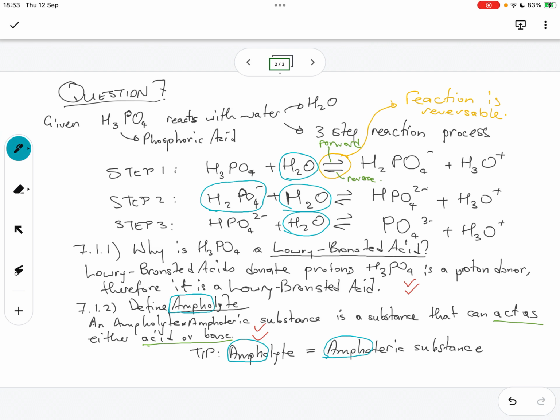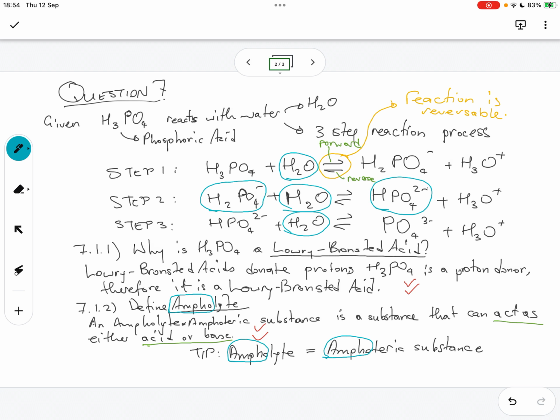Yeah, so this can also be a base, and also H2PO4. And so is it correct? H2PO4 is correct, yes, but also why?